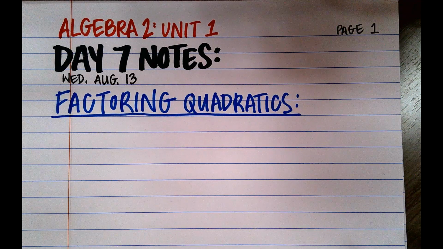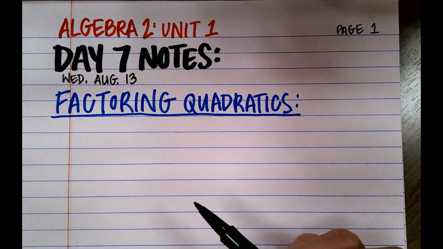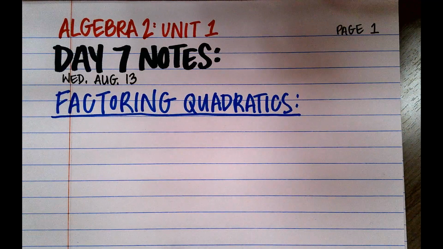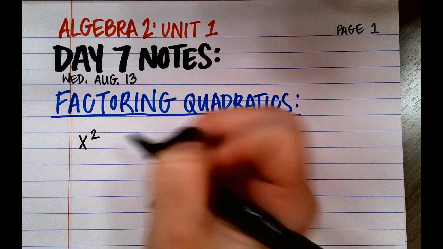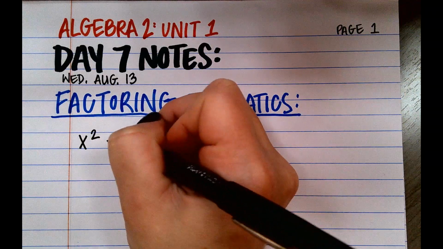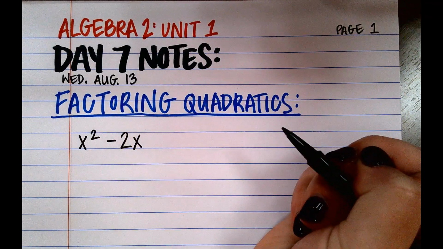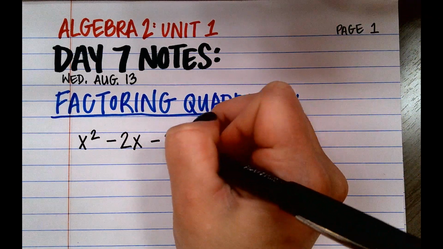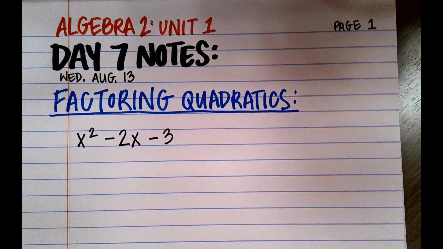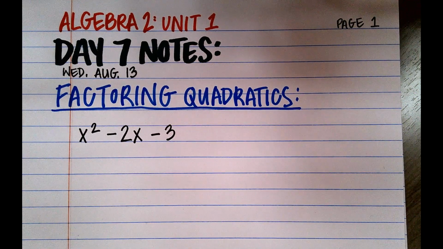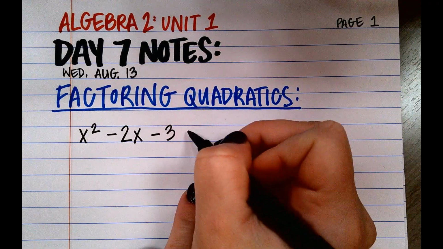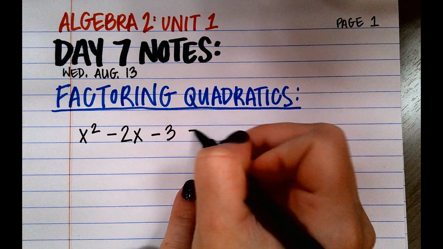Let's start with something simple like x squared minus 2x minus 3. And I'm going to write a statement here.